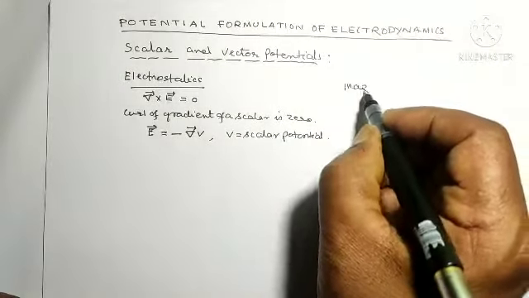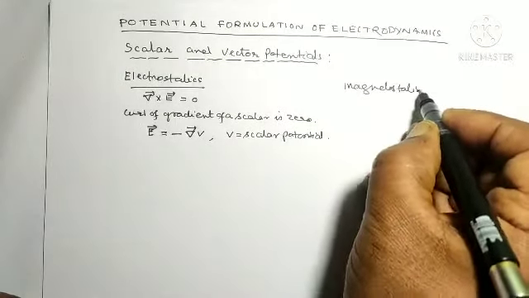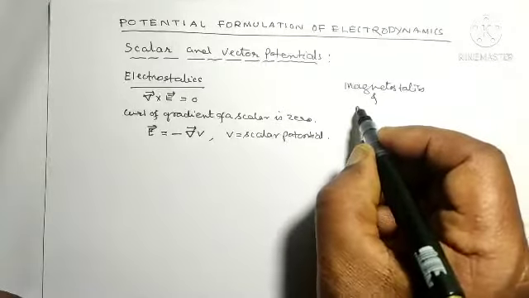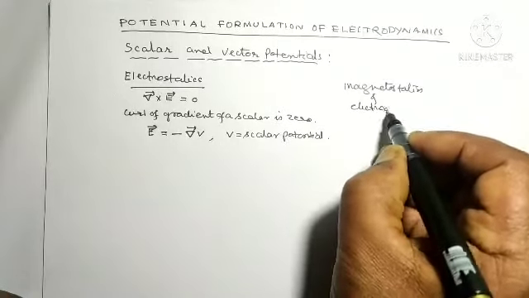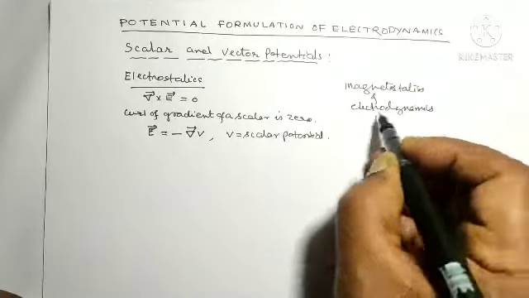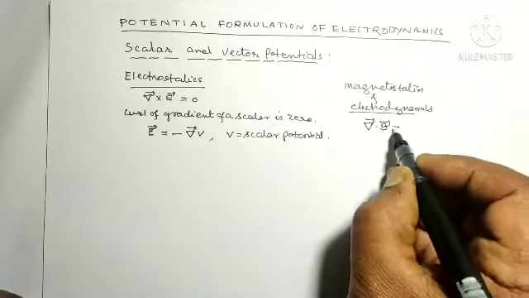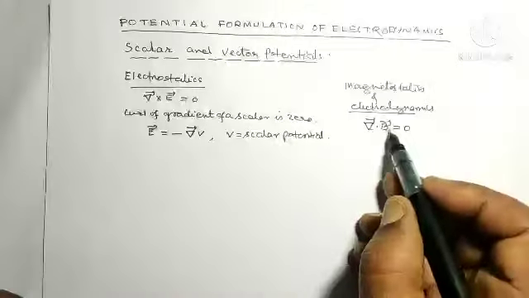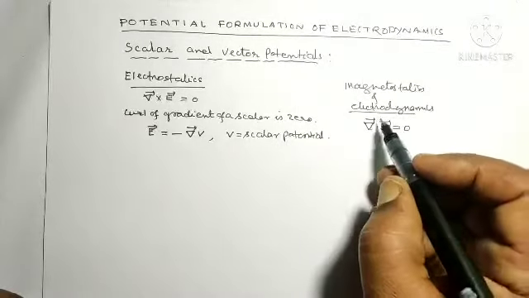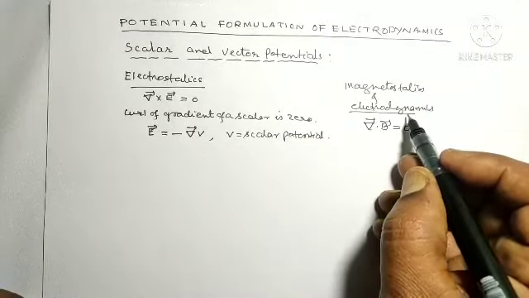In magnetostatics as well as electrodynamics, the divergence of the magnetic field is 0. Divergence of B is 0 in magnetostatics, also in electrodynamics.